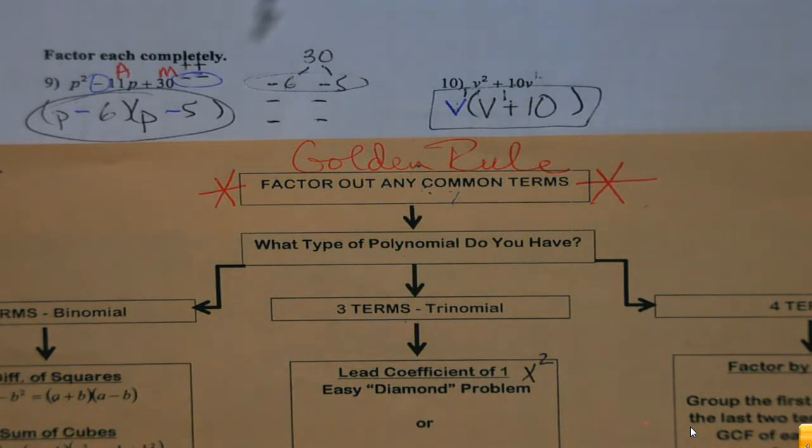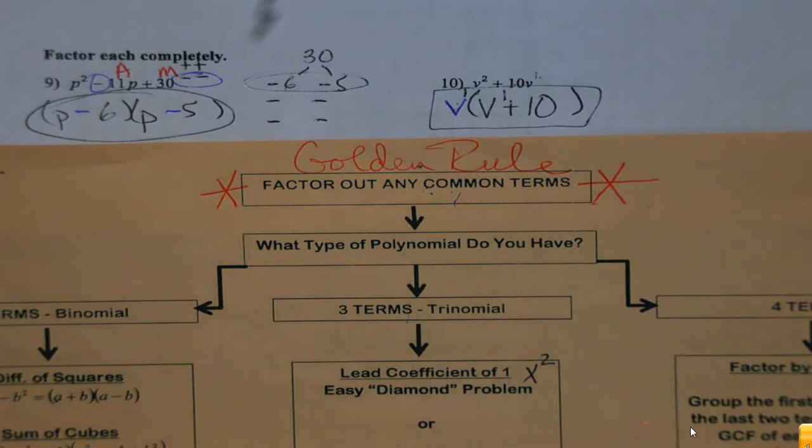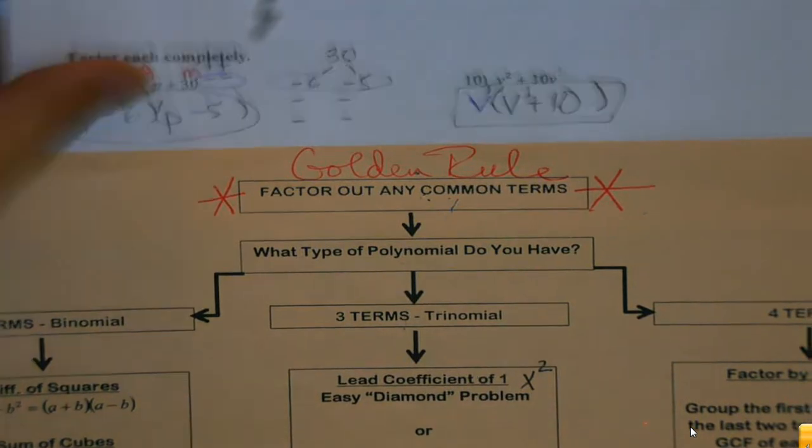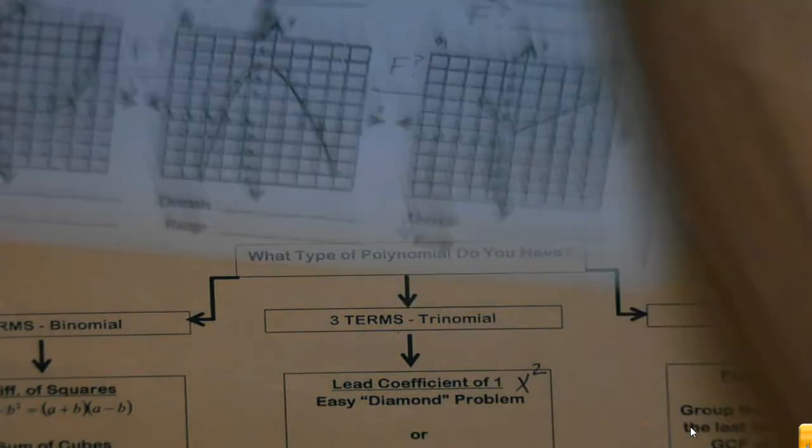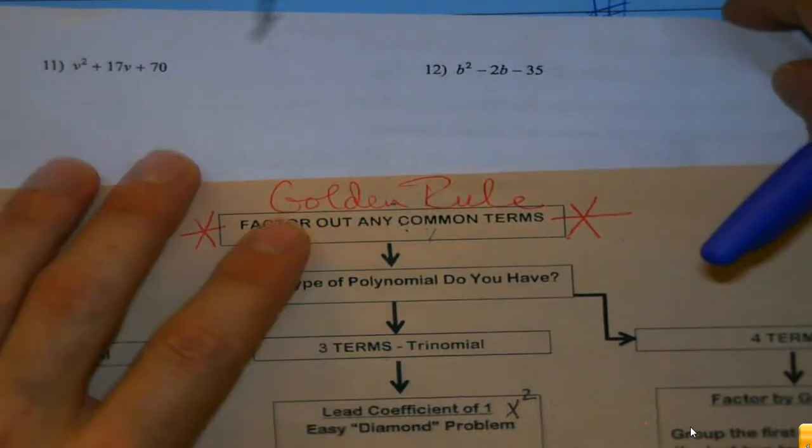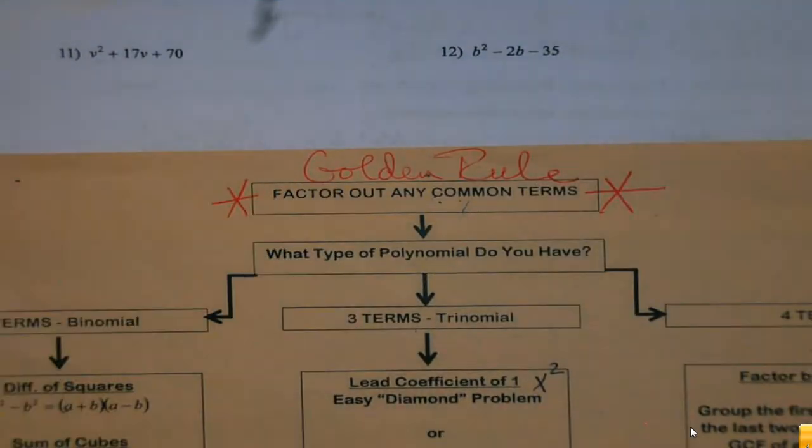Then I basically just start looking to see what's left, if that's the case. If not, then I follow my flow chart here to see what type of problem I'm having and how I'm going to tackle that. So we'll actually start doing that here on the back with some of them.